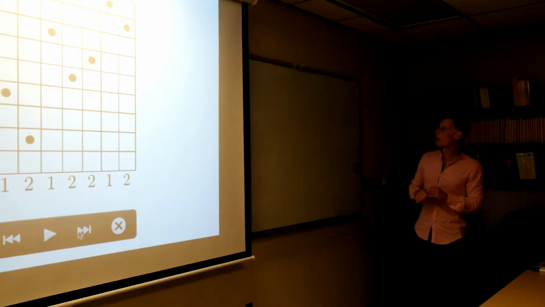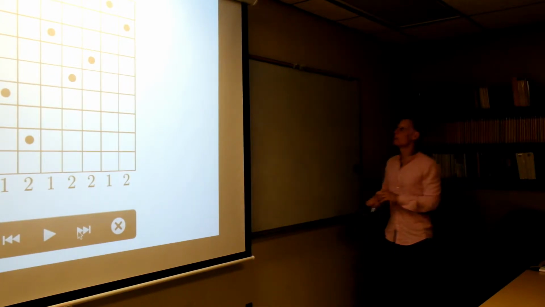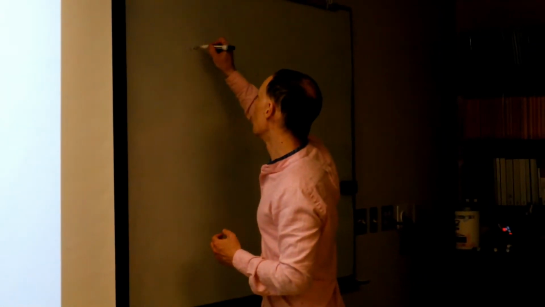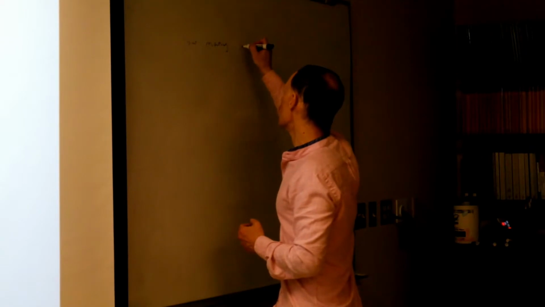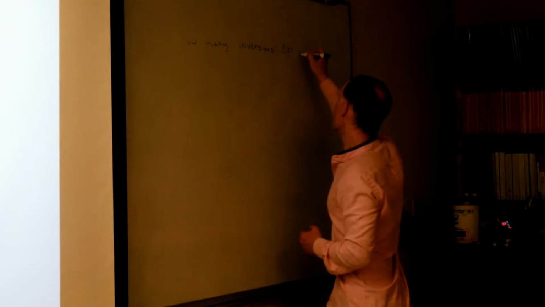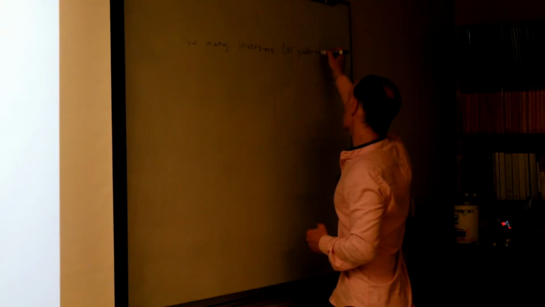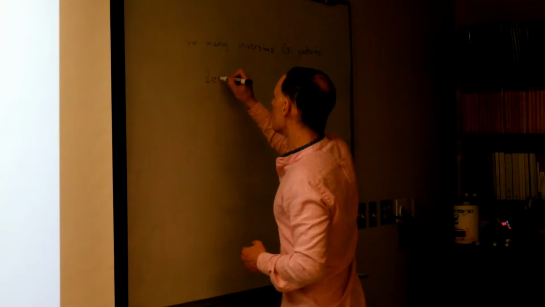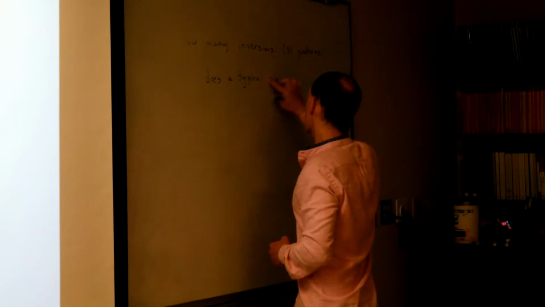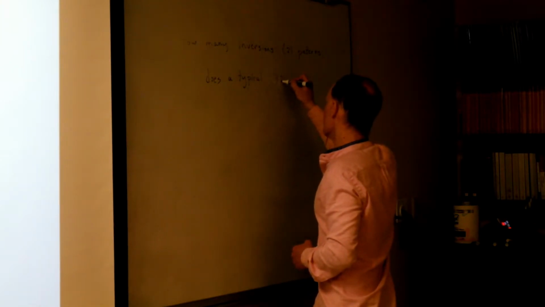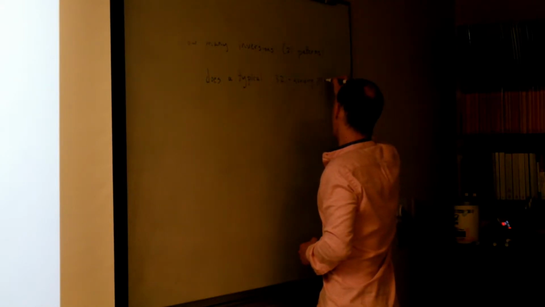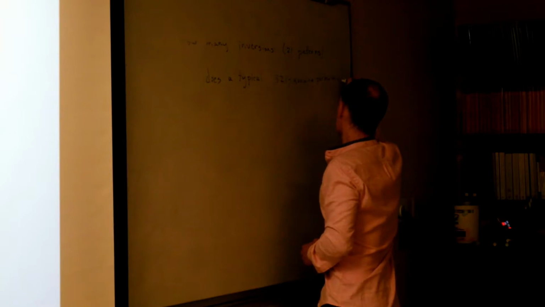And we can now answer questions like how many inversions, or 2-1 patterns, are in a typical 3-2-1 avoiding permutation.